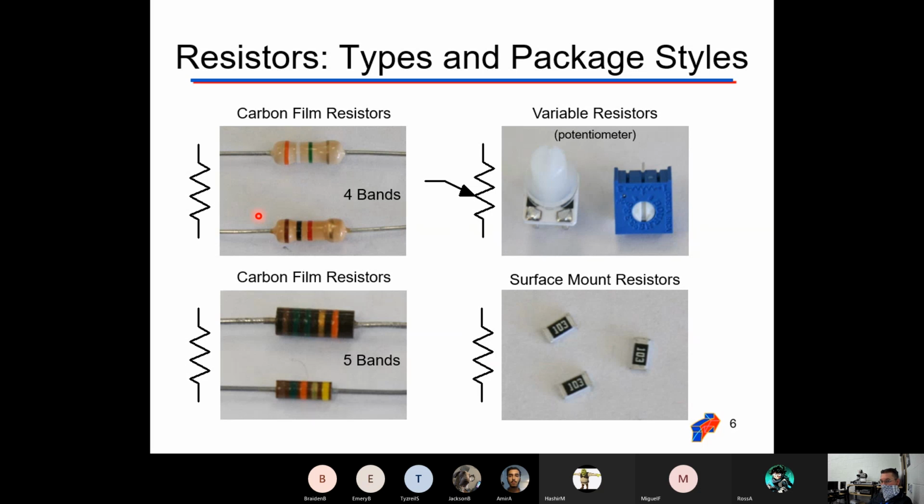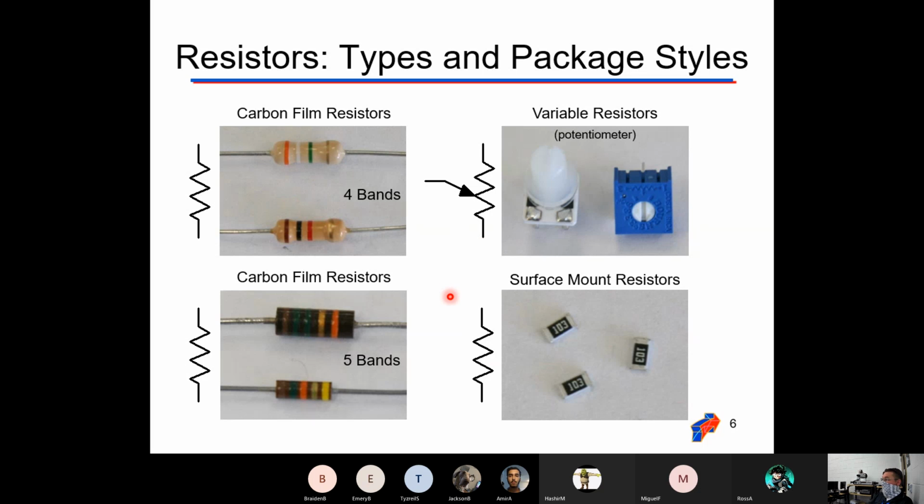With our component identification lab, it's going to be kind of interesting because those that are here will get resistors from here, and those that are at home will get resistors from their kit. Everybody have that?